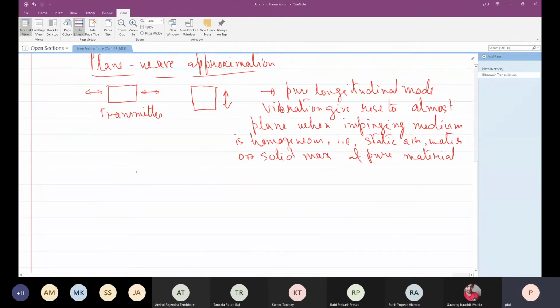So this is given by a partial differential. All wave propagation is defined, electromagnetic or other way, by a partial differential equation.